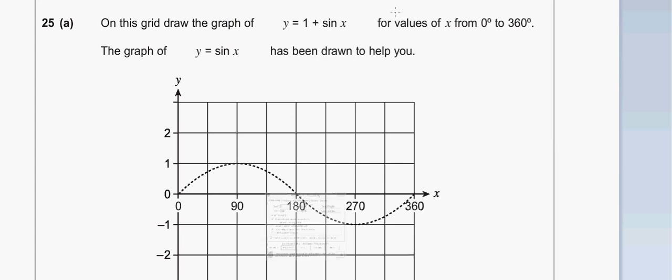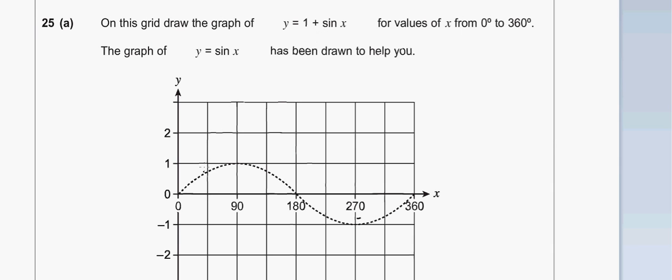Okay, so question 25a. On this grid, draw the graph of 1 plus sine x, and they've drawn the graph of y equals sine x here. Now, you'd have to sketch it rather than draw it, but it's sine x plus 1.